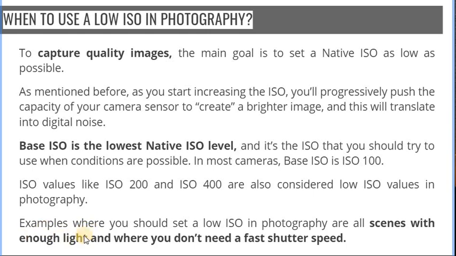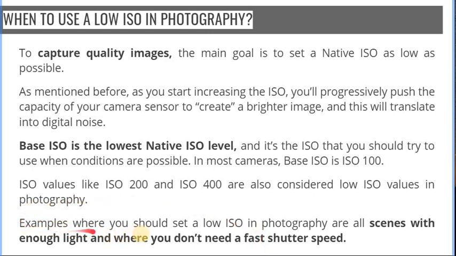Pero kapag palitan natin to, gawin nating nighttime to, anong gagawin mo sa ISO? Kailangan ng ISO mo is higher. Tama ba? Tapos, sa ating shutter speed naman, kailangan mas slower. Can you see the tricky part here?